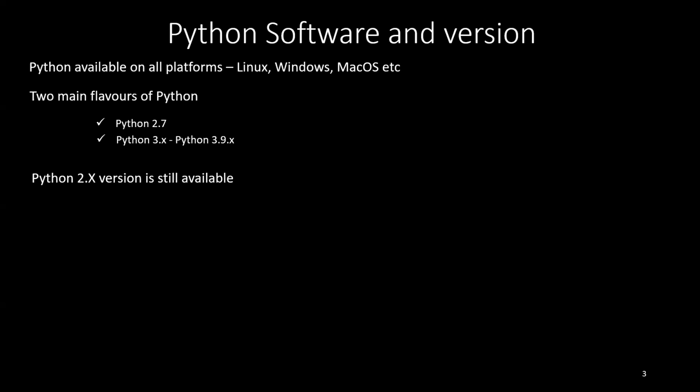So, as I said, Python 2.x, the latest or the greatest one is 2.7, is still in use. And the primary reason is, as I said earlier, Python is mainly invented for scientific applications.